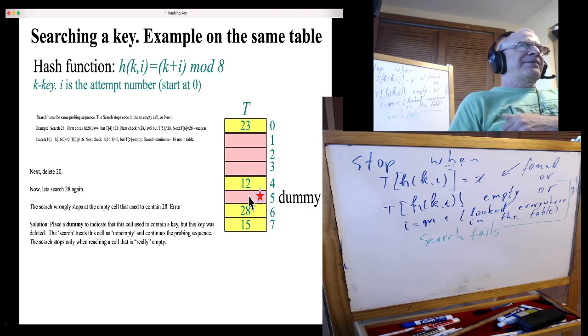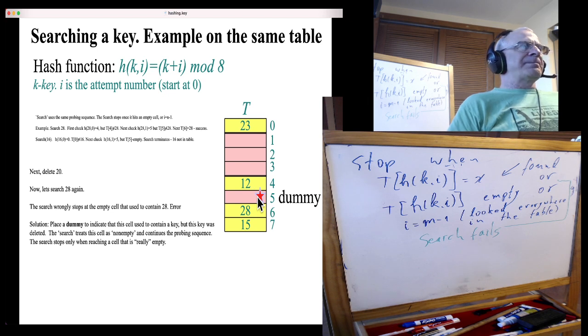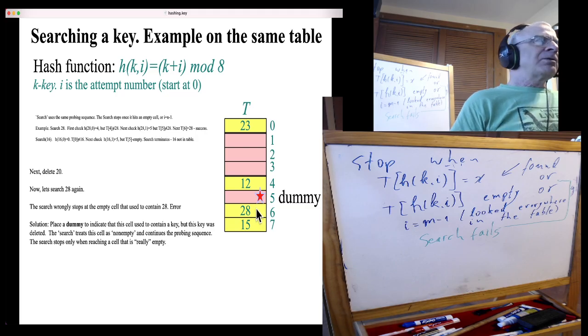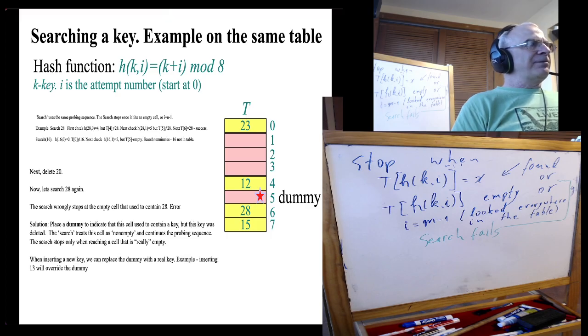Meaning that if I'm searching now for 28, then my search path would start at cell 4, occupied. A dummy, for search purposes, is considered occupied. So continue your search. But what happens when I want to insert a new value?